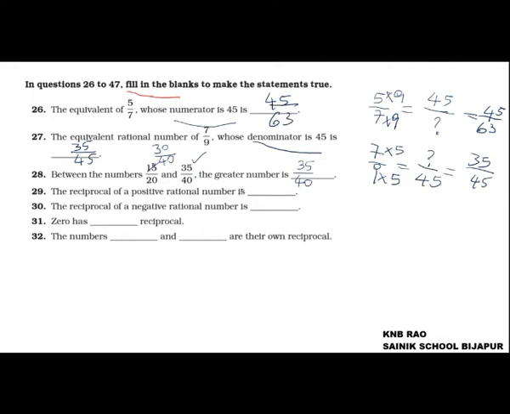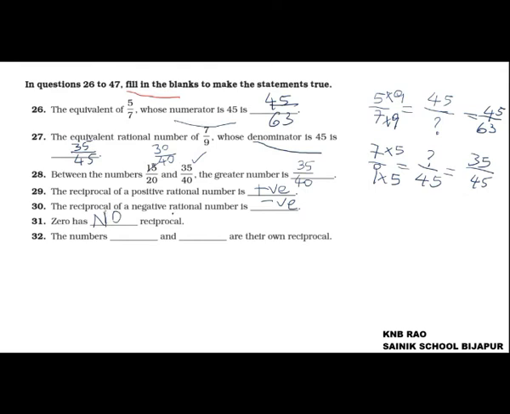Next, the reciprocal of a positive rational number is always positive. The reciprocal of a negative rational number is always negative. So both the fill in the blanks 29 and 30 are asking that. 0 has no reciprocal.